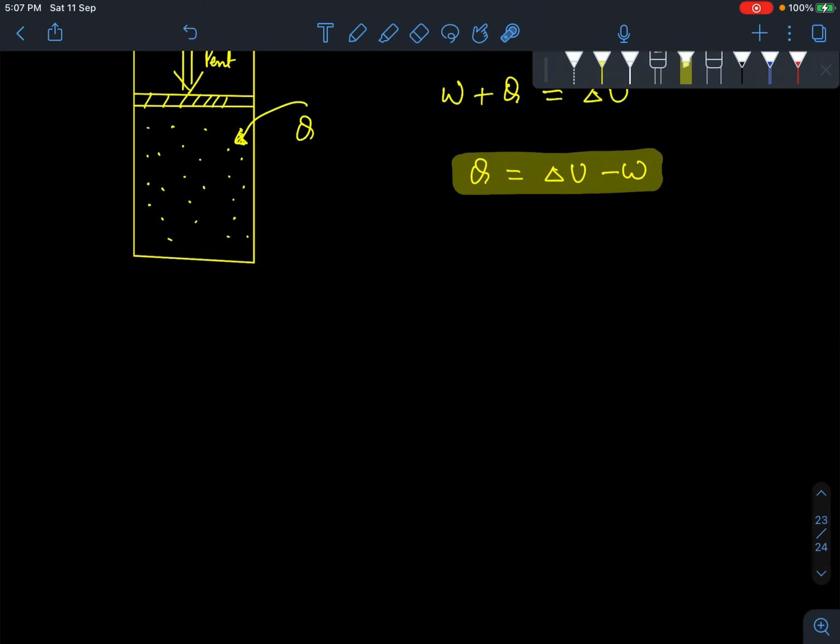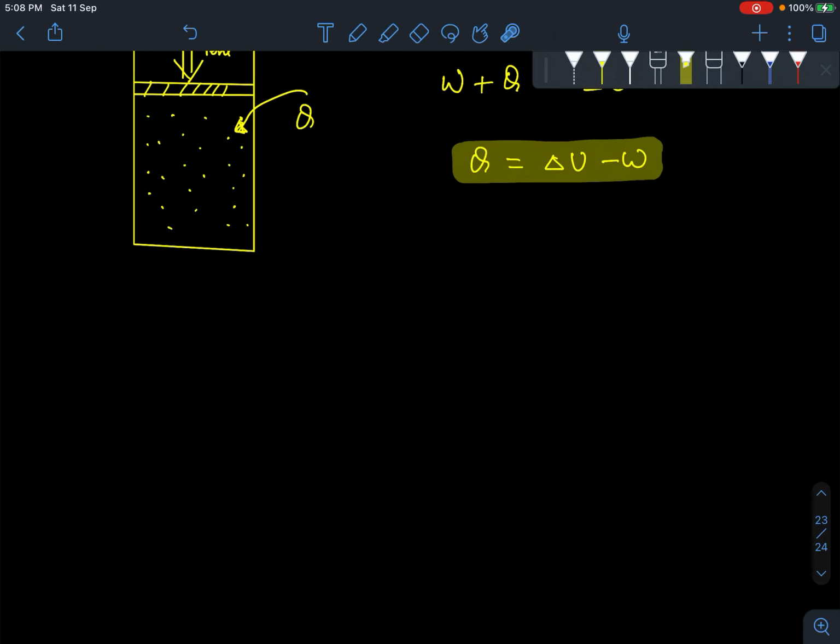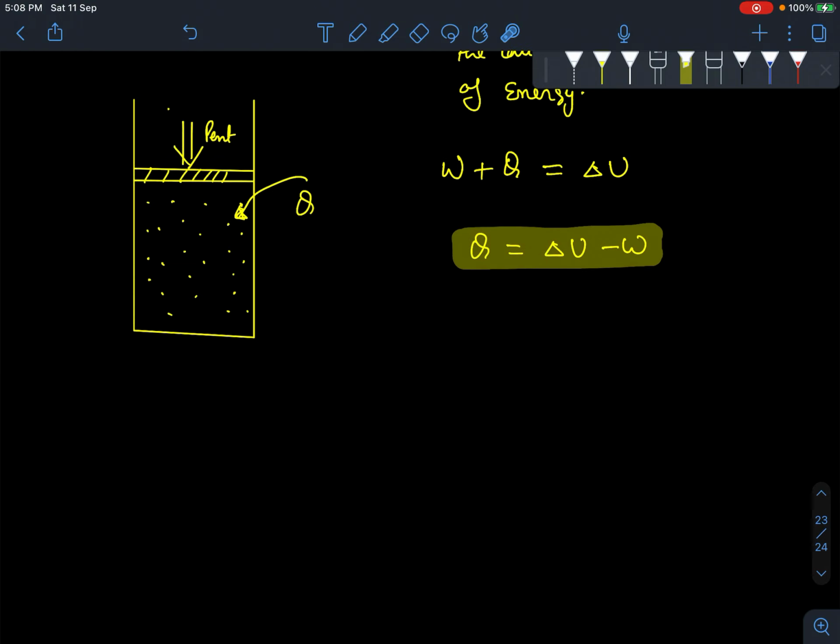Now you remember I told you that we cannot measure U2, we cannot measure U1, but still we can get U2 minus U1, basically the change in internal energy. How can we get it? You do some specific changes, you may get that. You know, heat is a measurable quantity. With the calorimeter, we can measure how much heat is transferred.